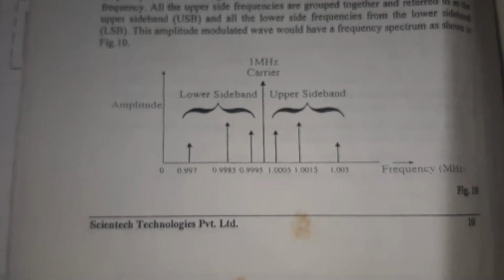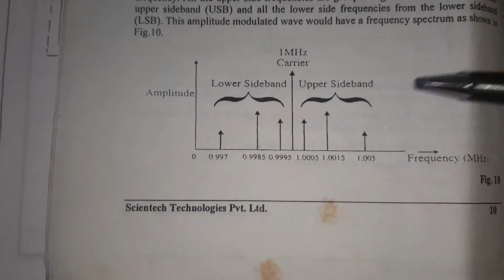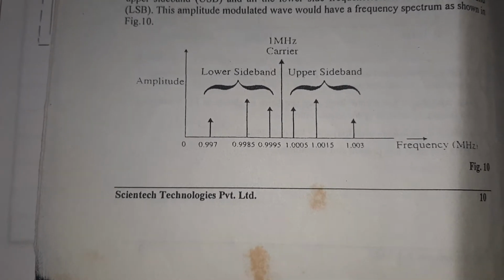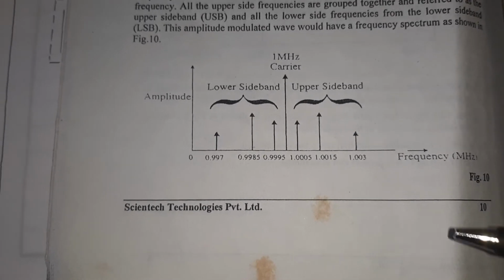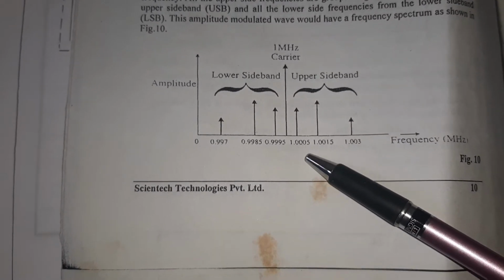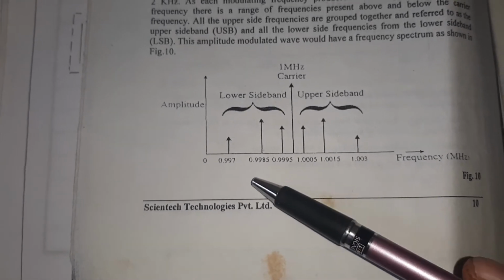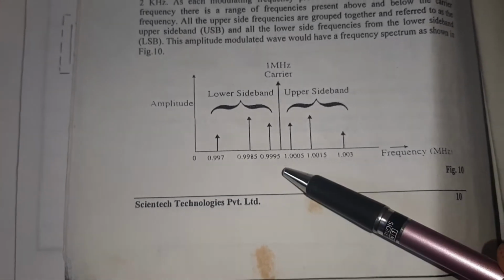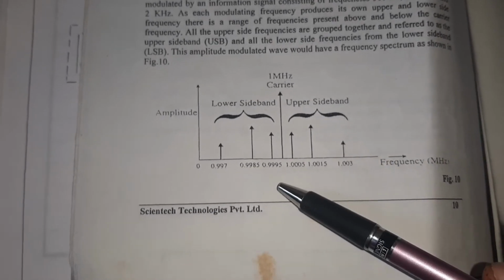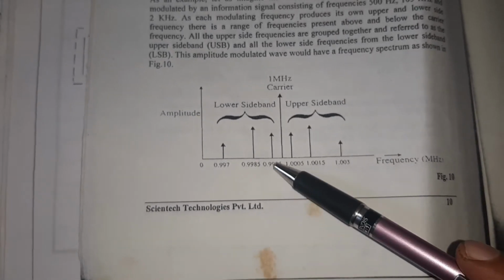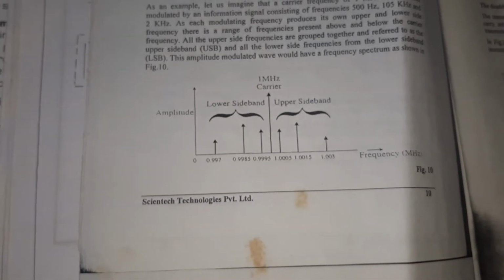Now on the right side, this is the upper sideband. The content which is beyond the center frequency is considered the upper sideband. Now you can observe the lower sideband frequency. The content of the signal which is available below the center frequency f c is considered the lower sideband.